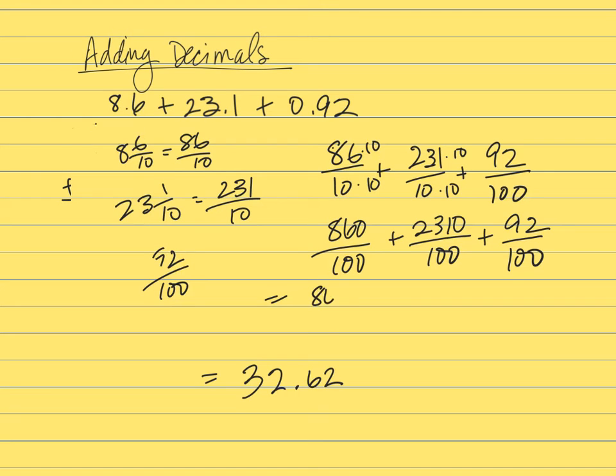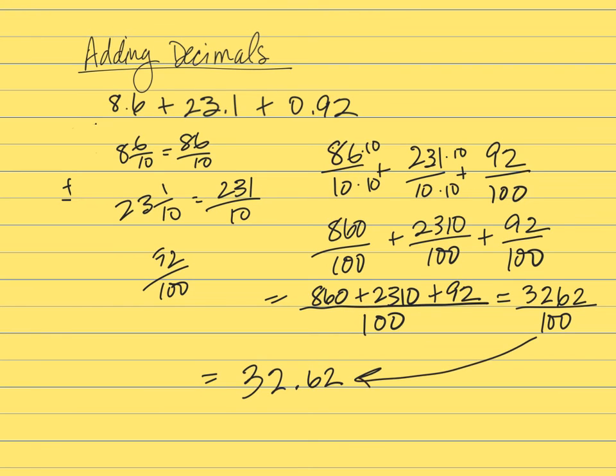So this is 860 plus 2,310 plus 92 out of 100. And if we add up those whole numbers, that numerator turns into 3,262 over 100. And guess what that is as a decimal? That is that decimal. Okay, so that's another way to look at these decimals in terms of fractions and adding.